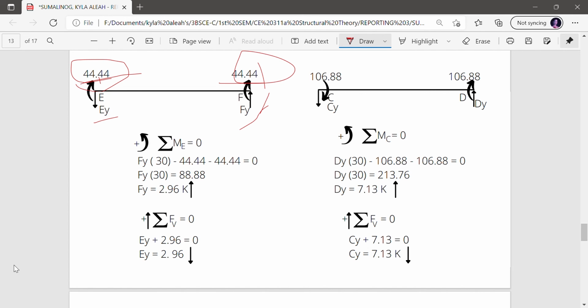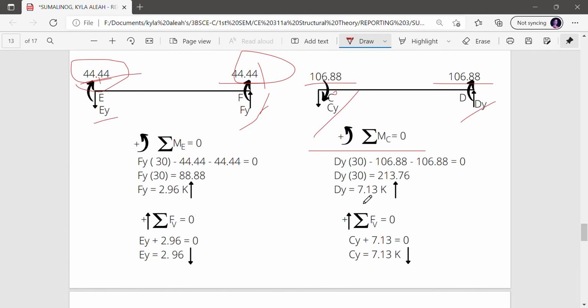Now on CD, the value of CY and DY. We are going to get the moment at C. The summation of moments: Dy times 30 minus 106.88 minus 106.88 equals 0.